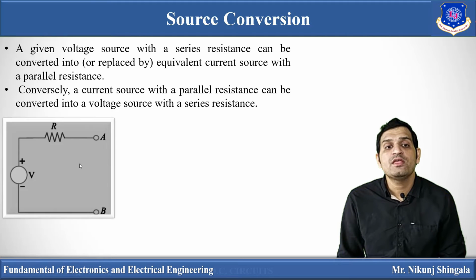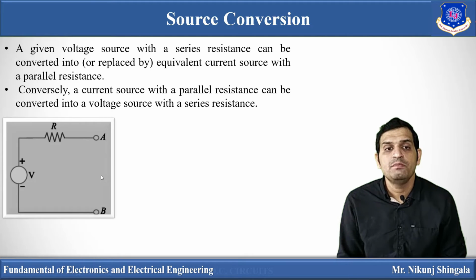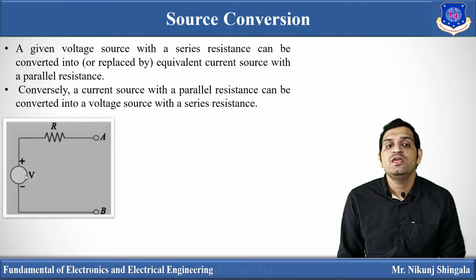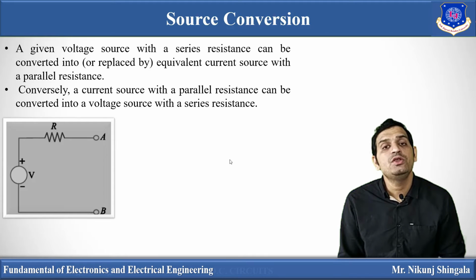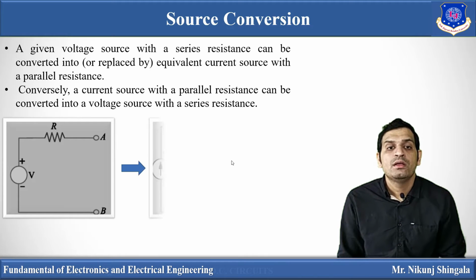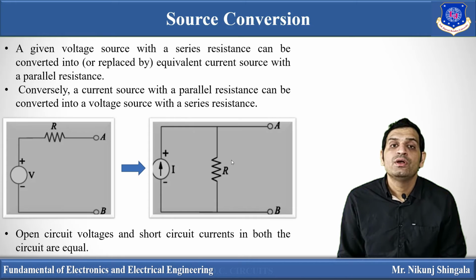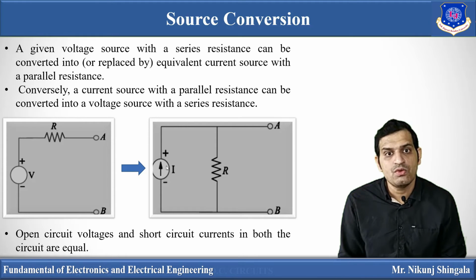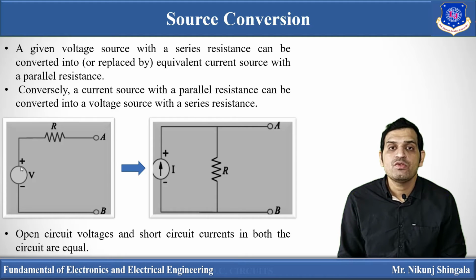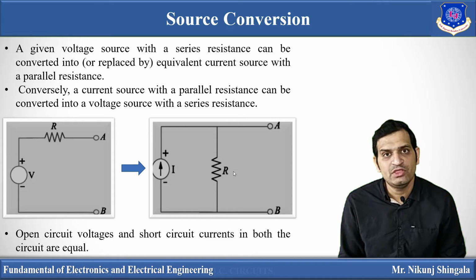Now, here there are two terminals A and B, and between the two terminals, a voltage source V is connected in series with R. This network can be converted into another network which consists of a current source. The voltage source is converted into a current source in parallel with the resistance.